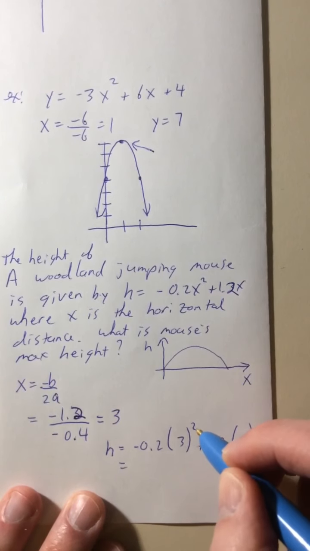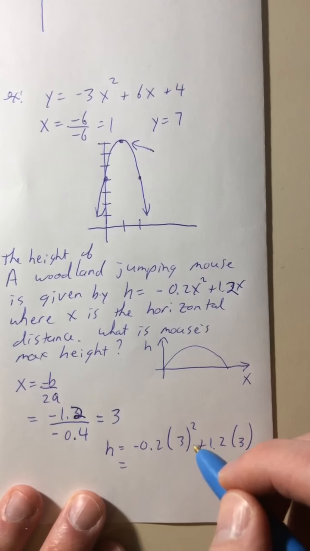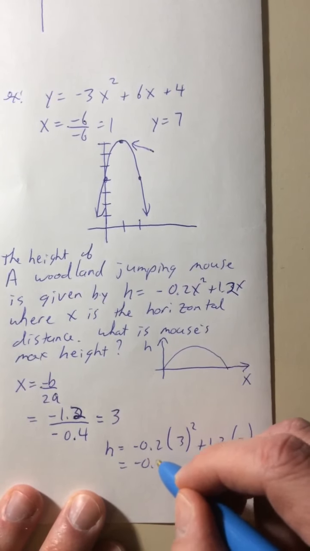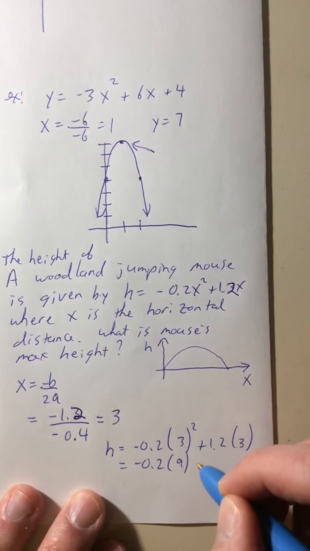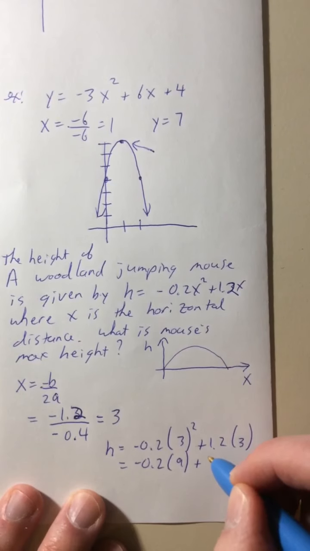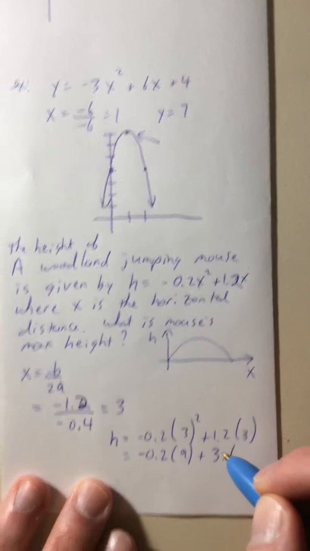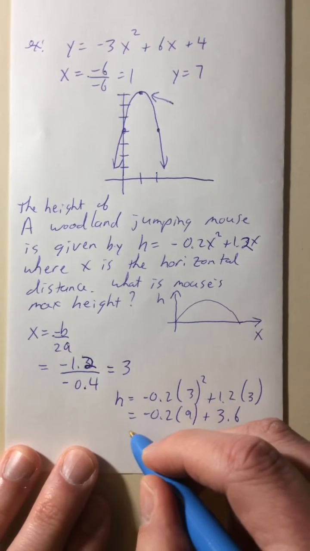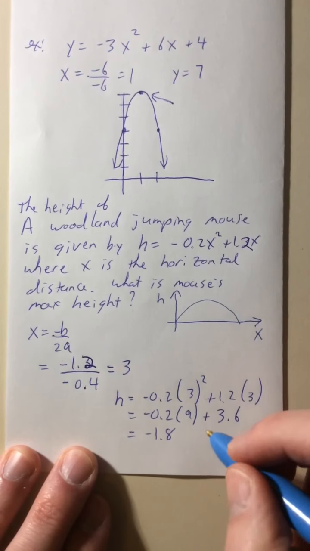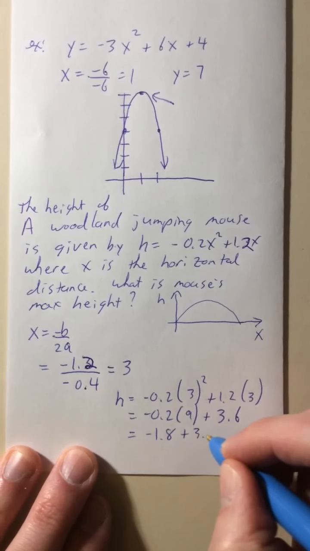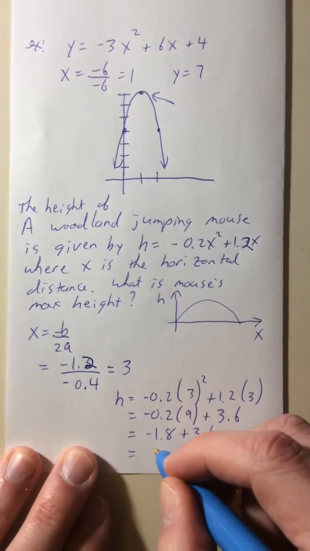And 3 squared, of course, is 9. So we got negative 0.2 times 9. And 1.2 times 3 is 3.6. And this is negative 1.8. Negative 1.8 plus 3.6 equals positive 1.8.